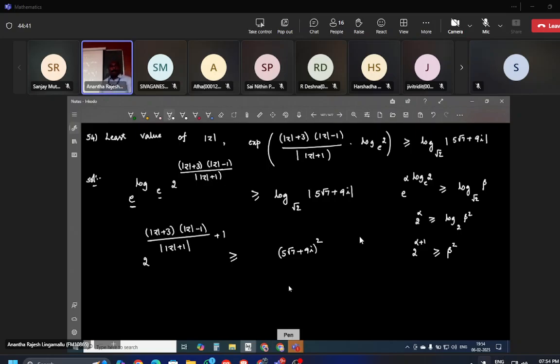That's the meaning. This one I have taken as some beta number. Okay, what is the definition of log? Log x to the base y is equal to say alpha. Then how to write? x is equal to what? y to the power alpha. That means beta square equals 2 power alpha.